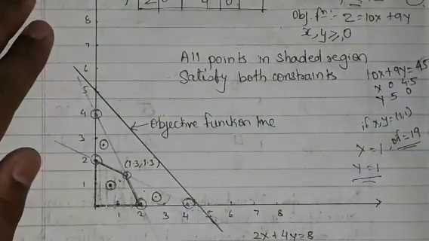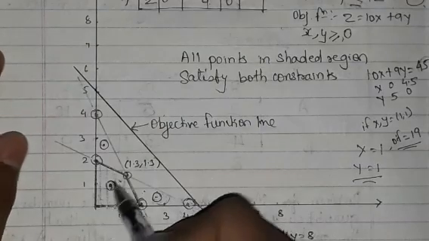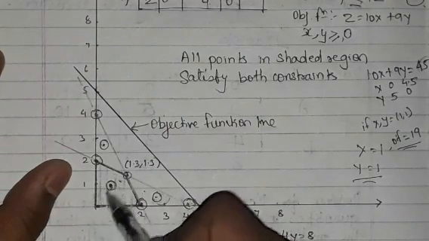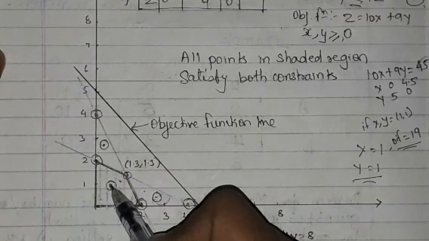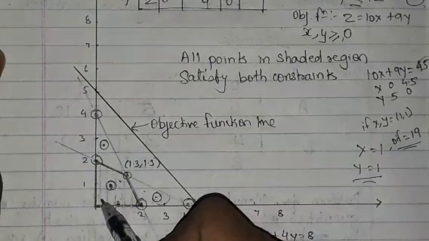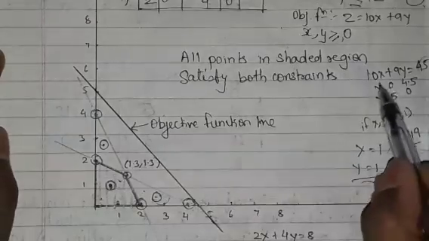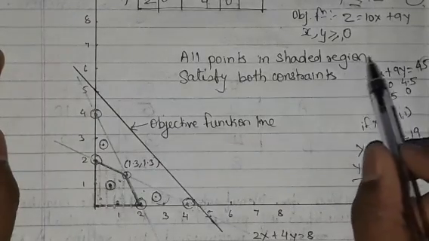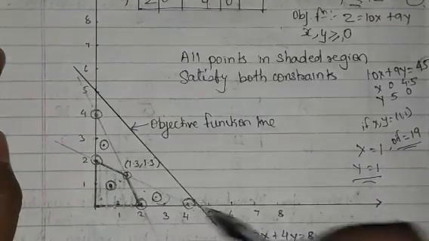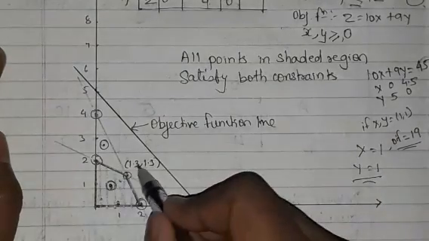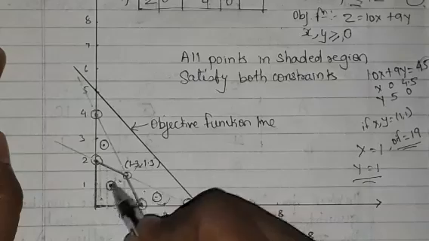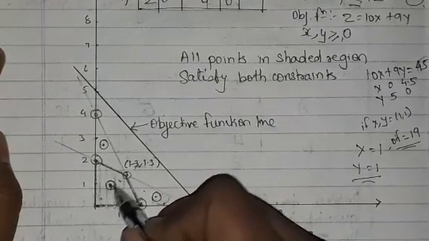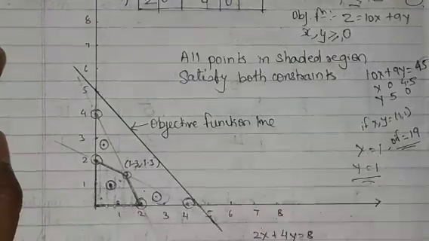Consider that if I take a point nearer to the origin, meaning values of x and y nearer to origin, like 0.5, 0.5, what objective function will I get? Comparatively lesser. So if I move away from the origin, my value of objective function increases. If I move towards the origin, my value of objective function is going to decrease.